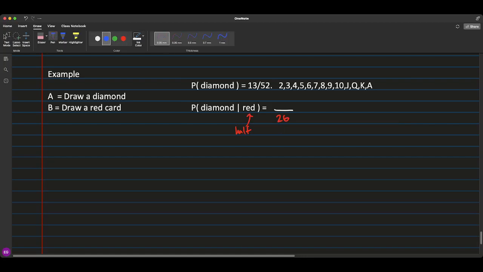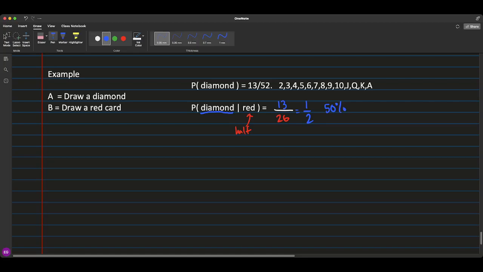Now, of those 26 cards, how many are diamonds? Red cards are the diamonds and the hearts. There are 13 diamonds and 13 hearts. So of those 26 red cards, 13 of them are diamonds. 13 over 26 is 1/2, which is 50%.